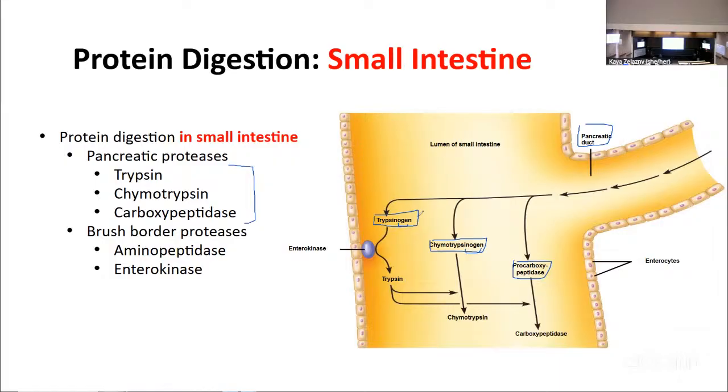Also in the small intestine, we've got enzymes in our brush border. So that lining of the duodenum, the lining of the small intestine, has enzymes embedded in or on it. We can see an example of one of those here. We see this enterokinase. One of the things that enterokinase does, you can see, is take that trypsinogen coming in our pancreatic juice.